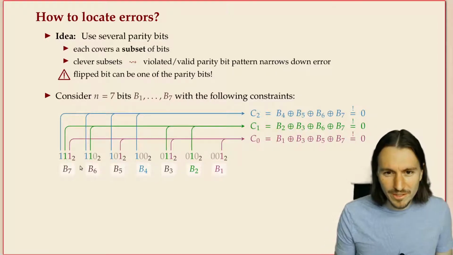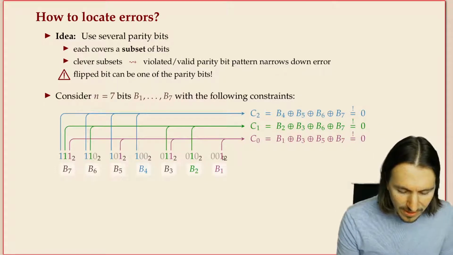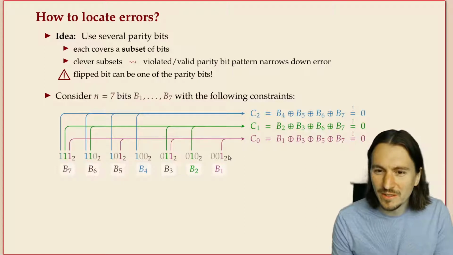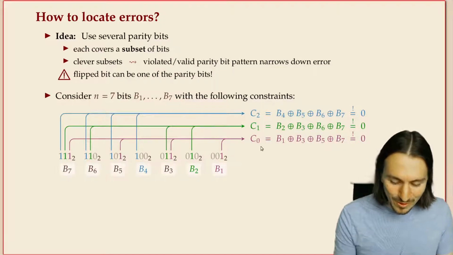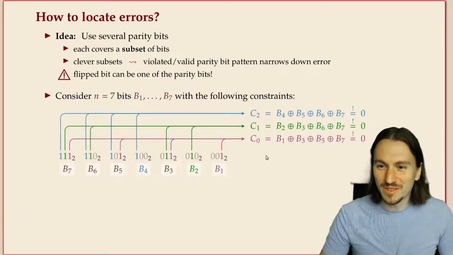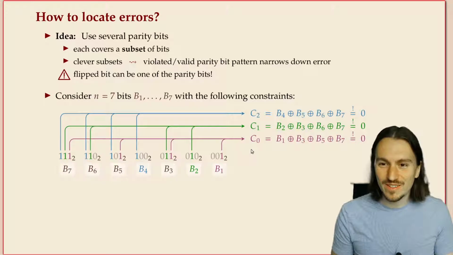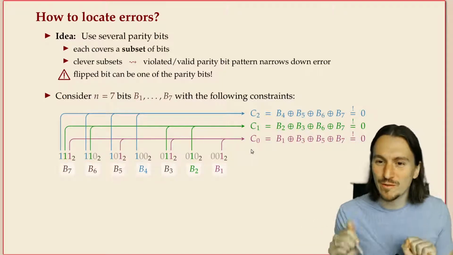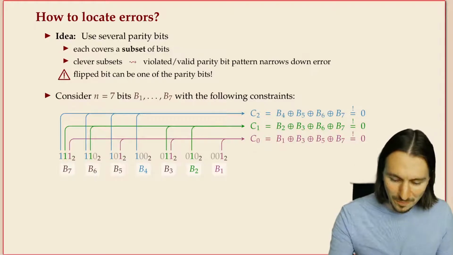What you might already see is I wrote here some bit strings, and you might be able to figure out what the pattern with those is. But let's first of all just take this as a given. So we have 7 bits, and we enforce that certain subsets of bits have even parity. That means certain bit strings are no longer possible.